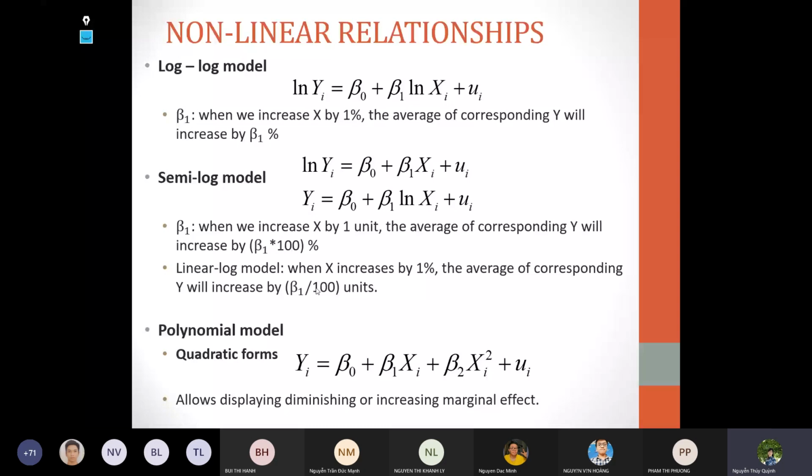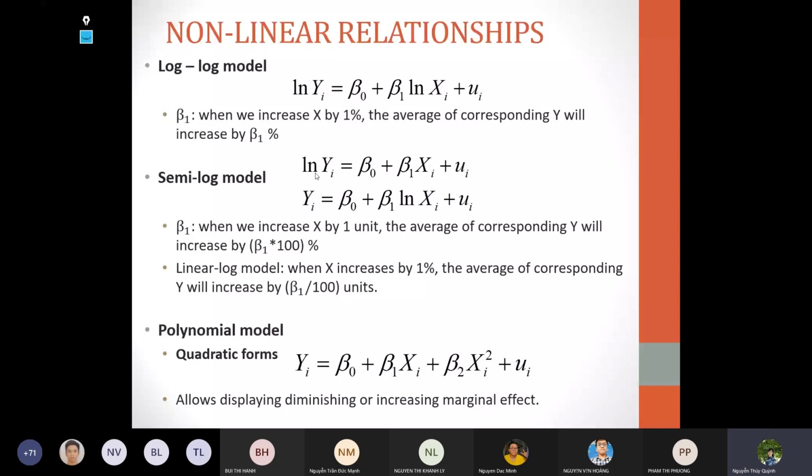But one thing we have to note here: if the variable is in the natural log form, then the change in it will be measured in percentage. Each change will be a percentage change.